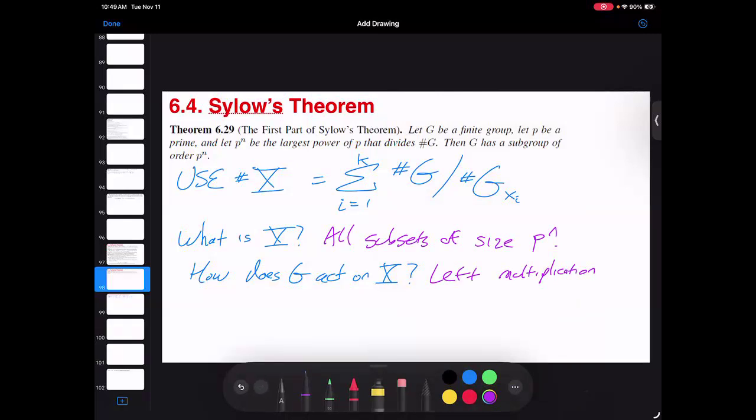So this is an example where it's not acting on itself. This is a reasonable thing to have it act on. I'm trying to find a subset of size p to the n that's a subgroup. Let's look at all subsets of size p to the n, and hopefully one of them will have the desired property.